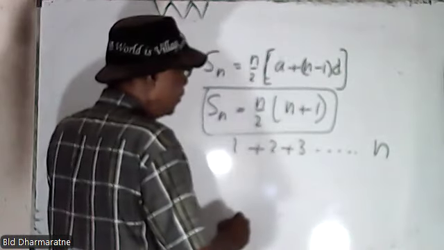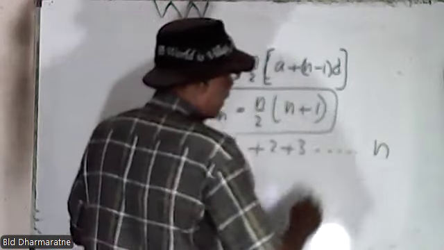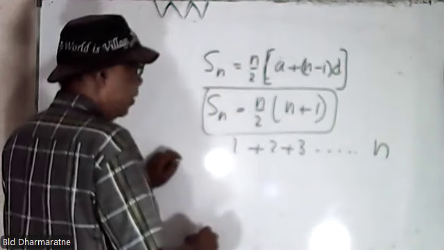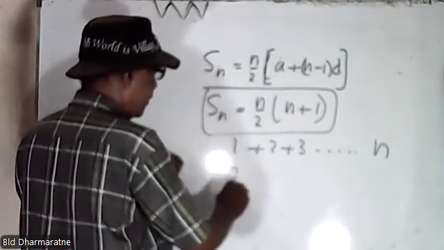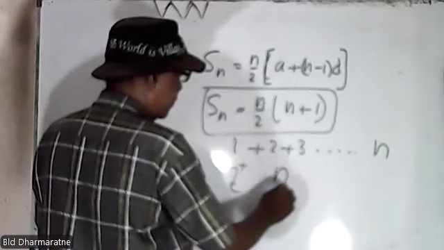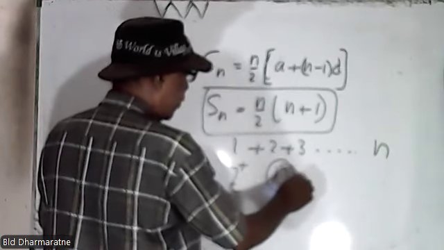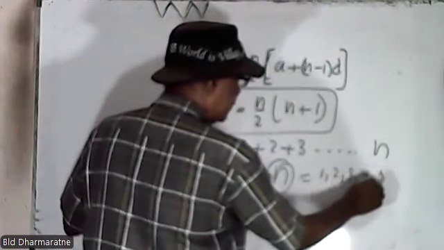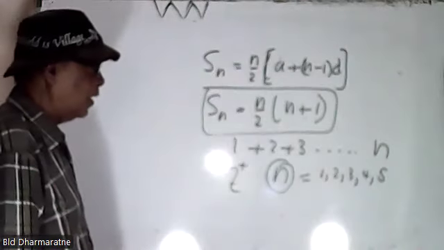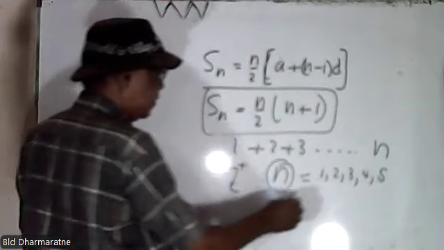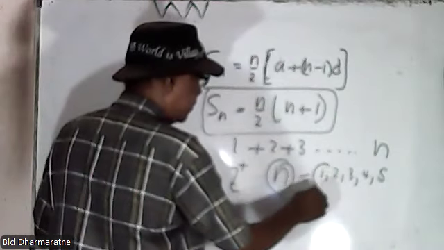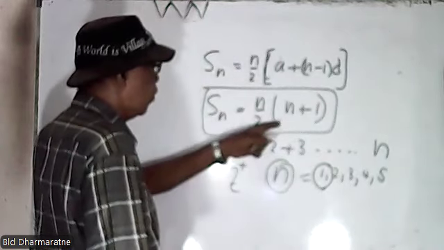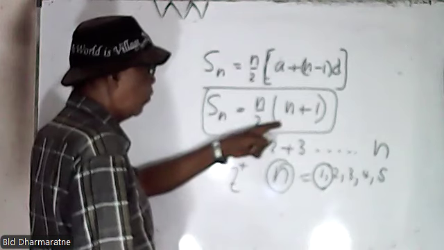Now we are using this method, mathematical induction. Mathematical induction uses only counting numbers, or positive integers, normally denoted n, 1, 2, 3, 4, 5. In this method, first we determine when n equals 1, is this true or not?